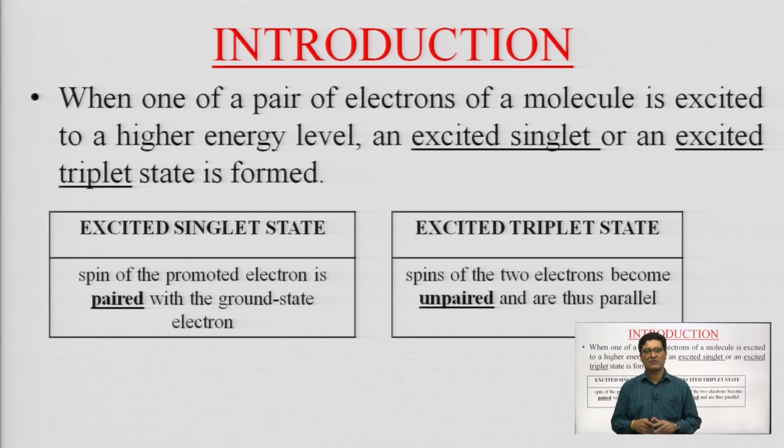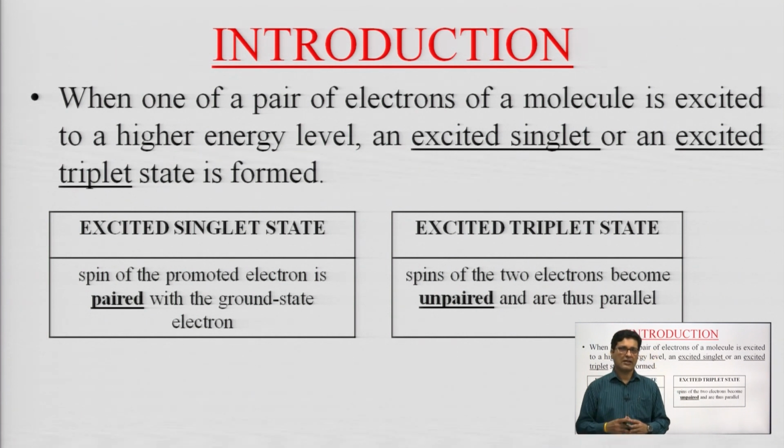The basic difference between the excited singlet and excited triplet state is the pairing. In the excited singlet state, spins are paired with the ground state electron that is already present, whereas in the excited triplet state, the spins of the two electrons become unpaired and have a parallel orientation.